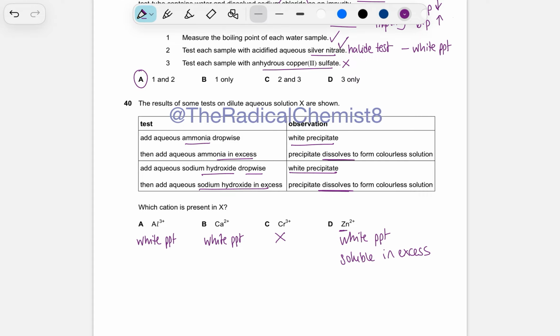Then calcium, white precipitate, and calcium is in your bones. Bones don't dissolve, so insoluble in excess. And then aluminium is the odd one out, where with sodium hydroxide it's soluble, and with ammonia it's insoluble. So based on this then, your answer will be D, zinc 2+.